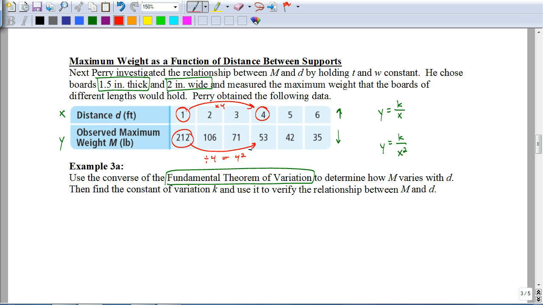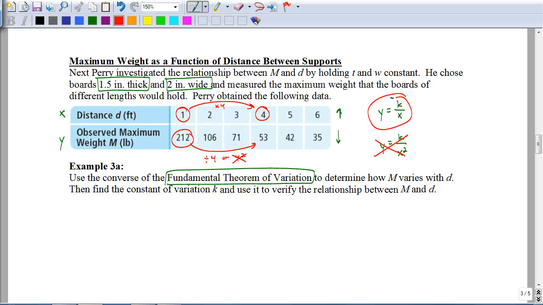For this particular problem, I want to see, is it 212 divided by 4, or is it 212 divided by 4 squared? That would give me 53. Well, if you try this out, 212 divided by 4 gives us exactly 53, telling me that it's not going to have an exponent, or it has an exponent of 1, so it's just going to be in the form y equals k divided by x.